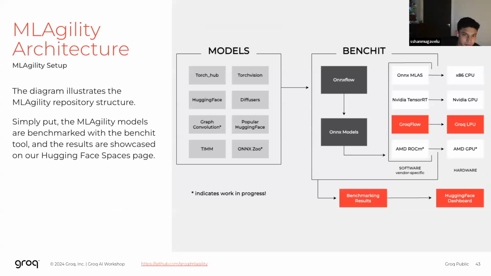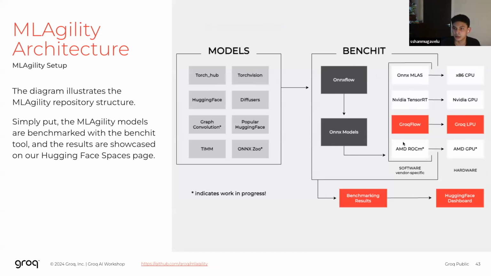Like I mentioned before, we can benchmark a variety of models on Groq and also on other hardware. We can also benchmark with different runtimes. This flow looks very similar to what you see on the right-hand side, this system architecture overview. As input, we have models. They're passed into our benchit CLI. You just call benchit on these files, which I'll show you how to specify.